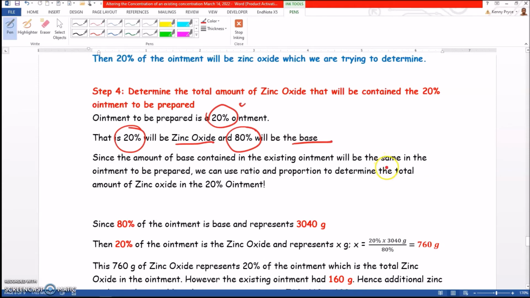And based on that, we can use ratio and proportion to determine the total amount of the 20% zinc oxide ointment. Right? So, since 80% of the ointment is base and is represented by 3040 grams, then 20% of the same ointment is going to be zinc oxide and is represented by X. We do a little cross multiply and we find that X is going to be 760 grams.